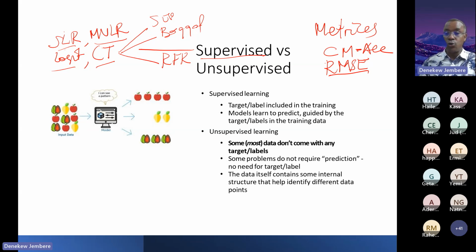And some problems do not require prediction, so there is no need for a target label. The data itself contains some internal structures that help identify different data points. This is what is important: some internal structure.